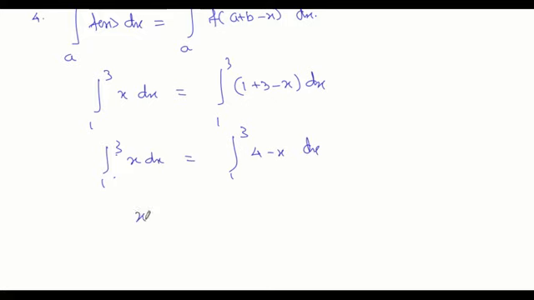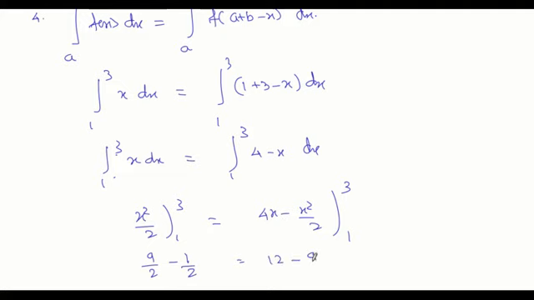Now see, x square by 2 from 1 to 3. Here 4x minus x square by 2, with the same limits 1 to 3 only. No change at all. Now it is 9 by 2 minus 1 by 2, because 3 square is 9. Here, 4 threes are 12 minus 9 by 2, minus 4 into 1, 4 minus 1 by 2.